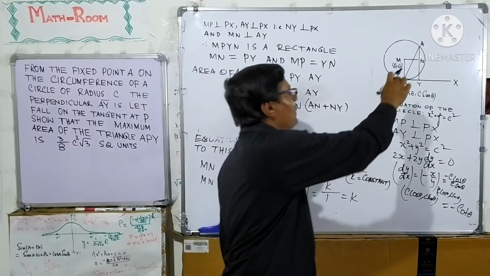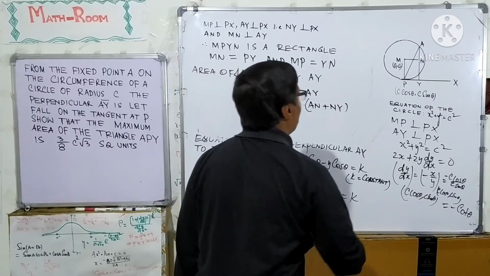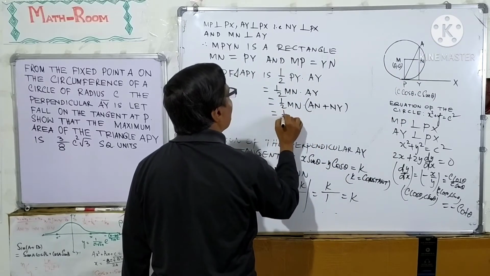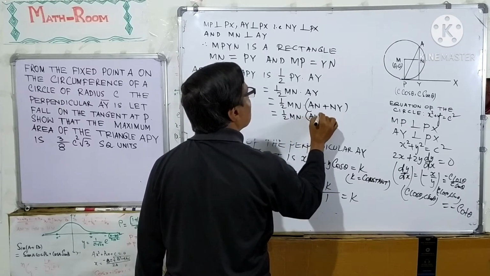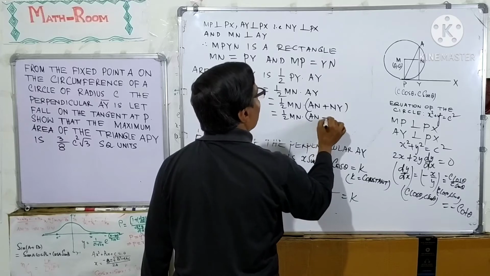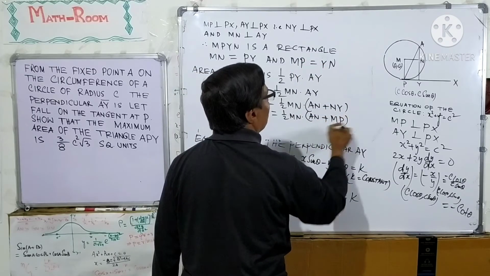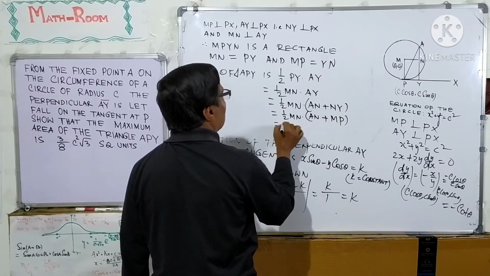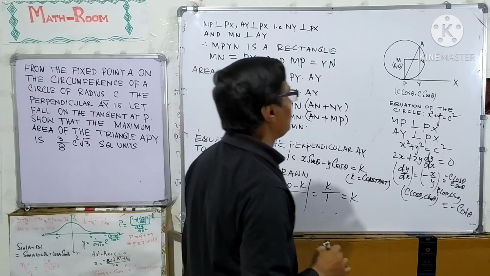From this figure, AY equal to AN plus NY, and also half MN into AN plus NY, where NY equal to MP, equal to half MN into AN.